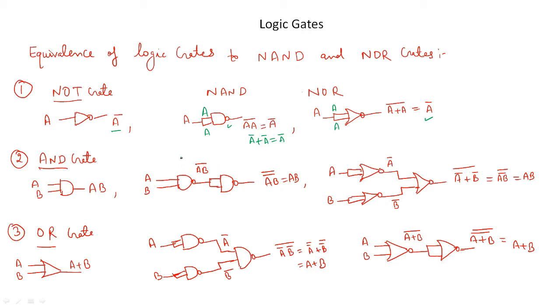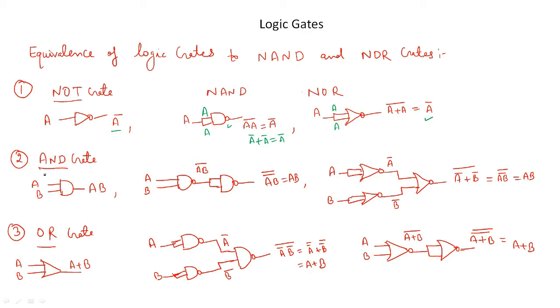So in this case you can see that one NOT gate is equivalent to one NAND gate and one NOR gate, because in all three cases the output is the same.